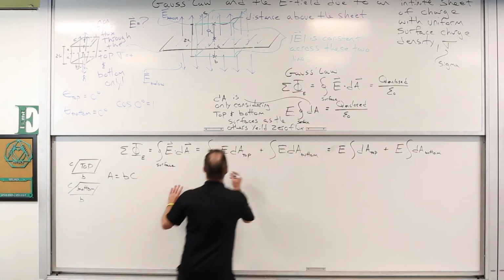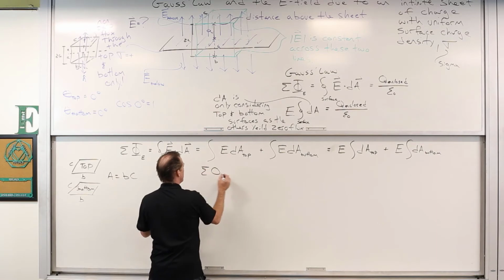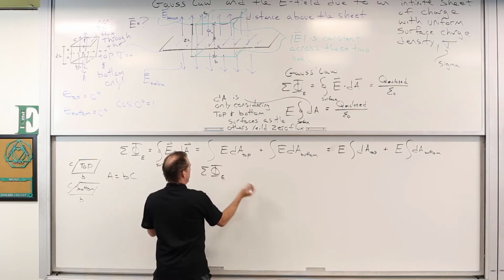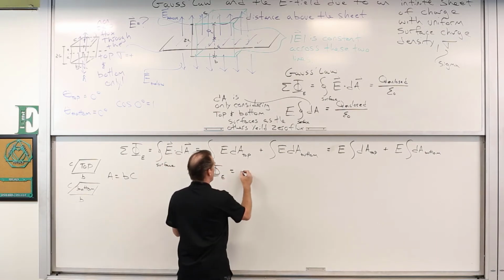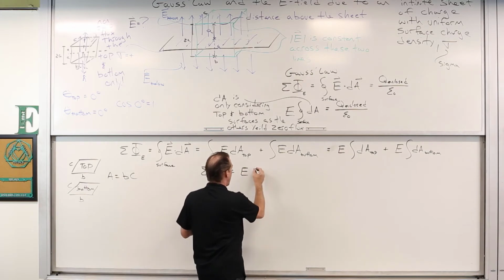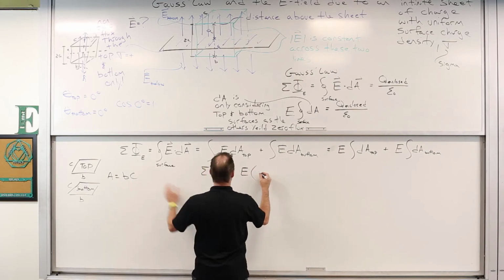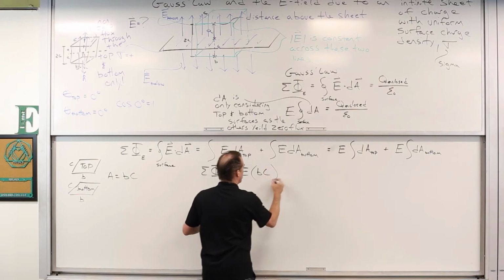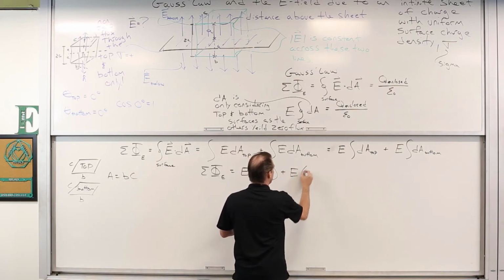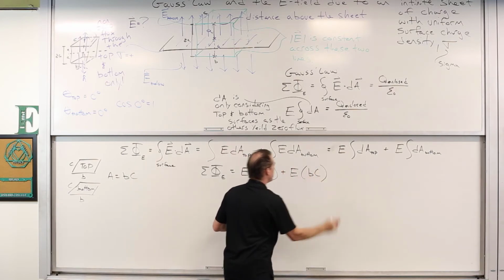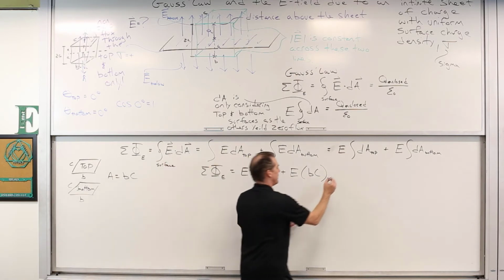So when we got the net flux here, we got sigma flux of E is going to be equal to E times BC plus E times BC. Oh, what is that?